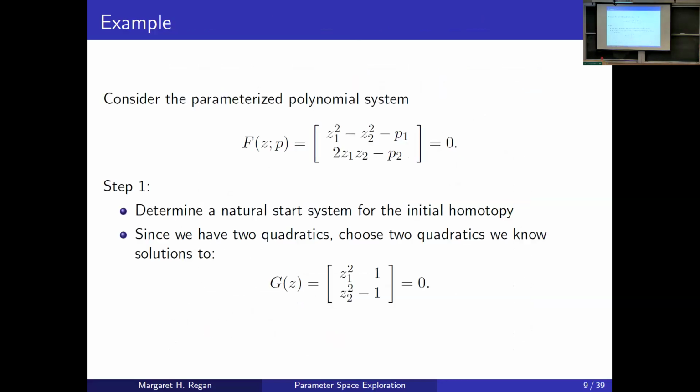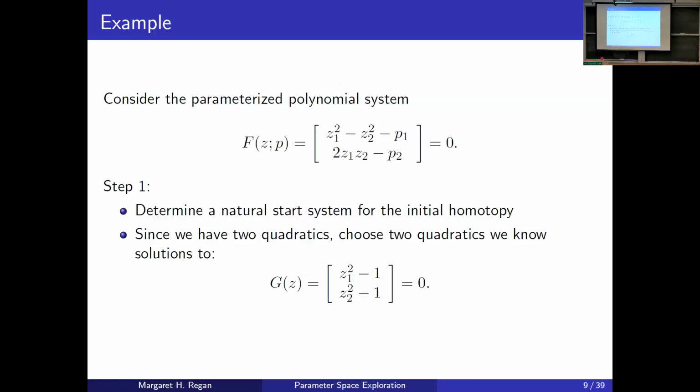And so let's talk about how we actually go through solving these problems. So we have parameterized polynomial systems, but how do we solve them, right? And so let's look at this simple example, right? So we have two polynomials and two parameters, P1, P2, and our two variables, Z1 and Z2.